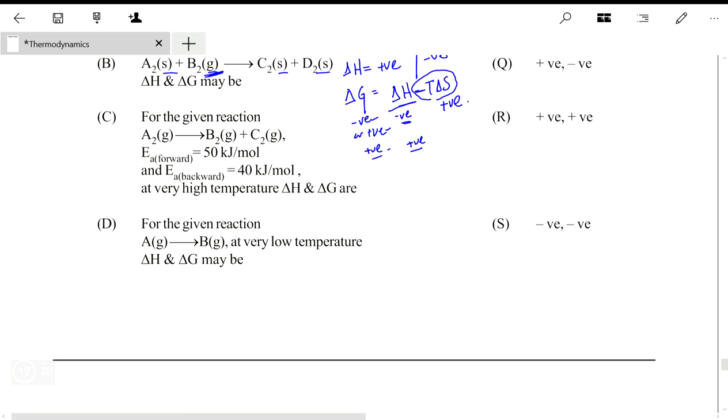For option C, it says activation energy forward and backward. So delta H is Ea forward minus Ea backward. So that is plus 10 kilojoules per mole in this case. So delta H can only be positive. At a very high temperature, delta G is delta H minus T delta S. This is a small number, this is plus 10.